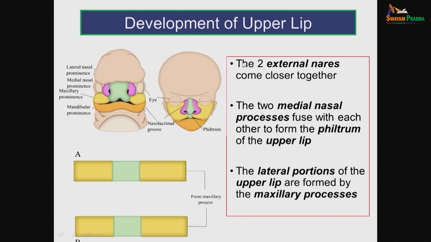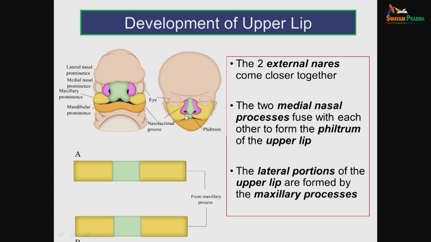Because of this, the 2 external nares come closer to each other, and also the 2 medial nasal process merge with each other, and they contribute to the formation of this part of the upper lip which is called philtrum of the upper lip. So, the philtrum of the upper lip is formed by the fusion of the 2 medial nasal process.